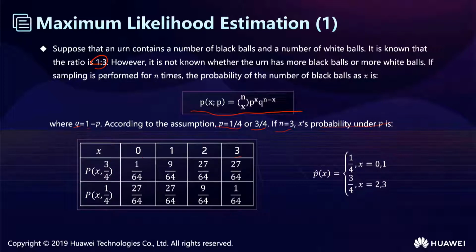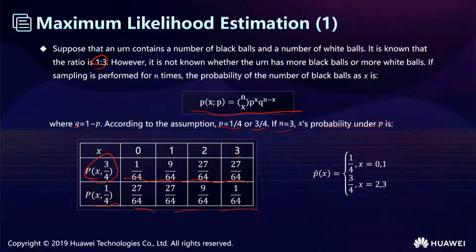So when the probability is equal to 3/4, we calculate this probability, and when the probability is 1/4, we calculate that one.